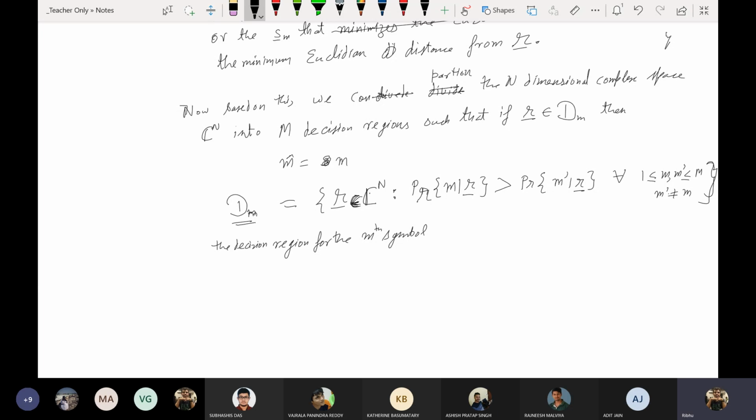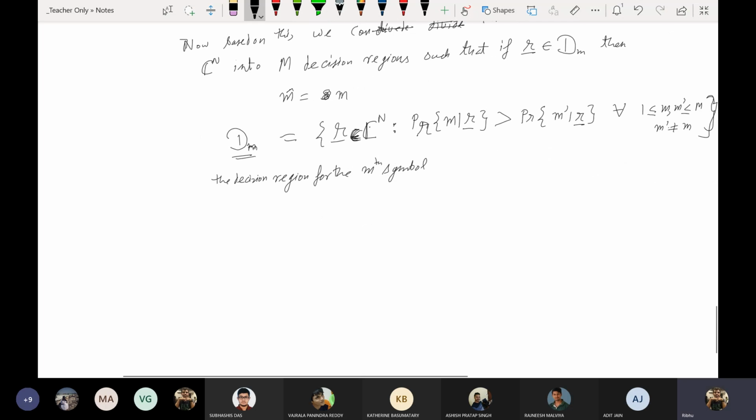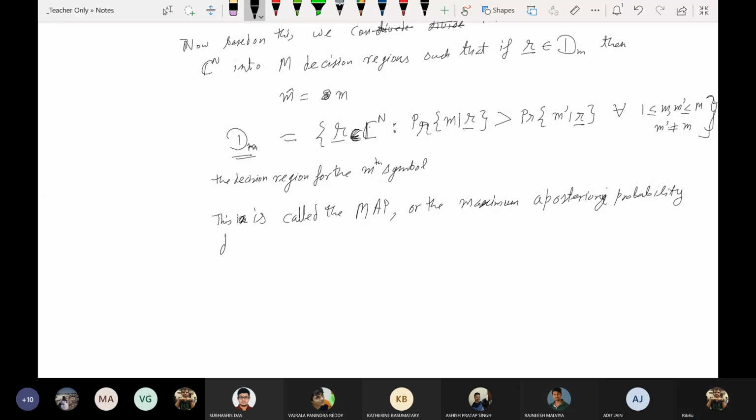This is called the MAP, the maximum a posteriori decision region.